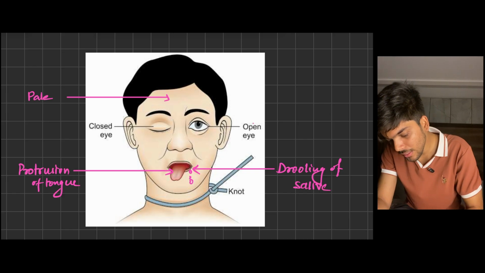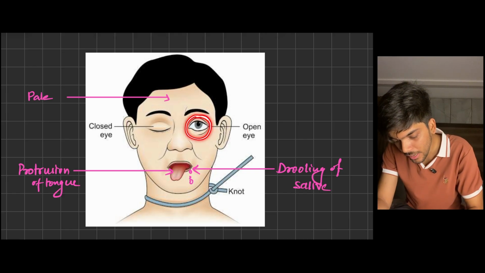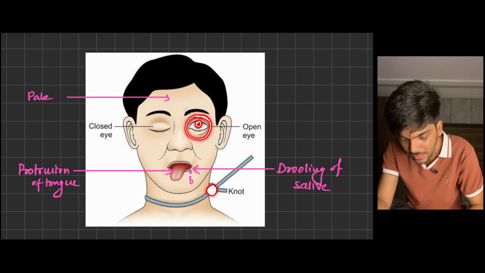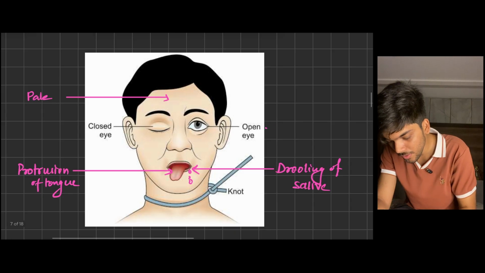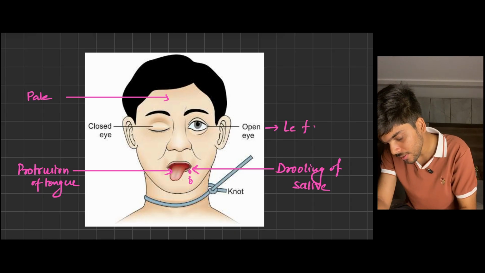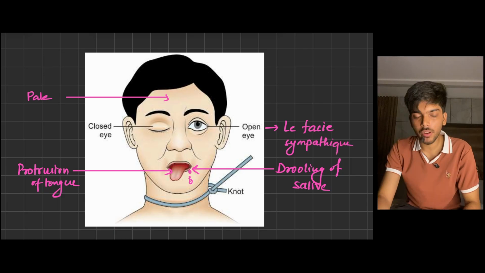And then you can see that the eye is open and the pupil is dilated on the ipsilateral side where the knot is putting pressure, right? This is referred to as lay facie sympathetic.